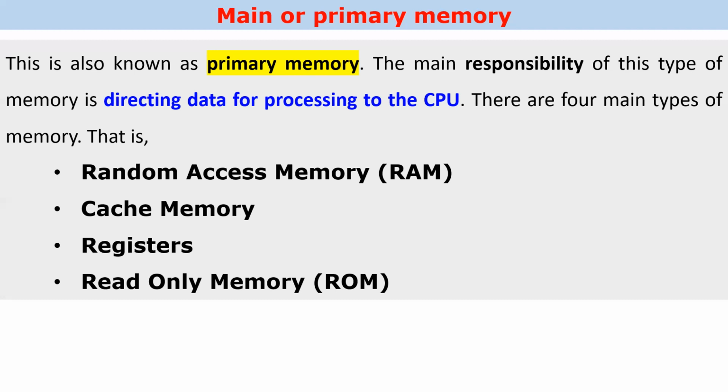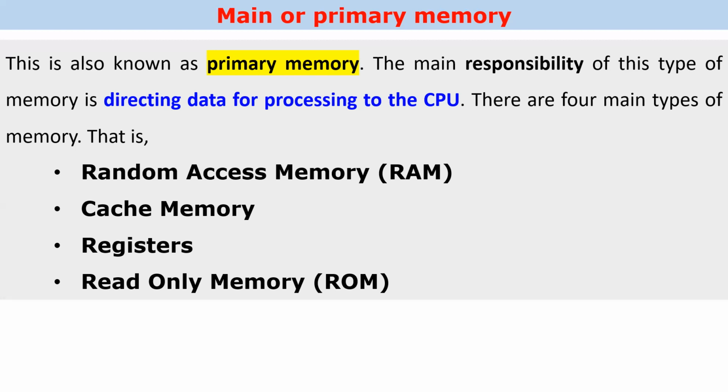Right? In the definition, it says another thing. This is also known as primary memory. The main responsibility of this type of memory is directing data for processing. Already we know we must input data to the computer for processing purposes.